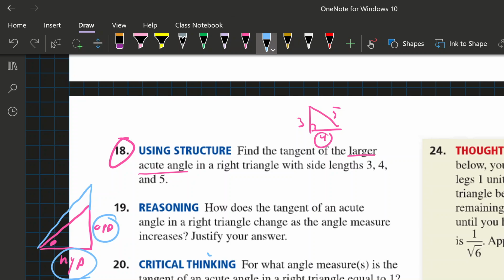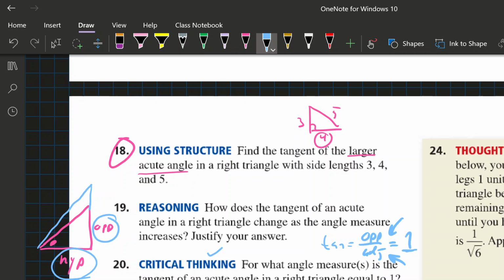Another critical thinking problem. For what angle measure is the tangent of an acute angle in a right triangle equal to 1? Okay, so if the tangent, which is opposite over adjacent, is equal to 1, what do you know about these two numbers?